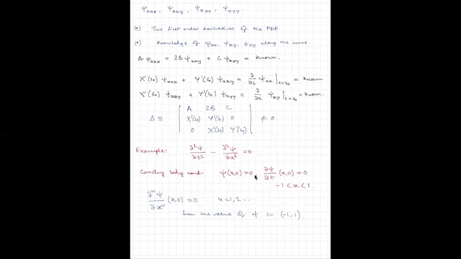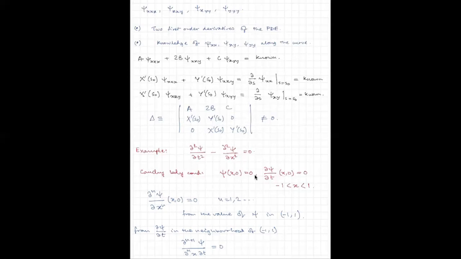And from the value of del psi del t in the neighborhood of minus 1, 1, what we can obtain is del n plus 1 psi del n x del t, and this is equal to 0 for, again, this range.